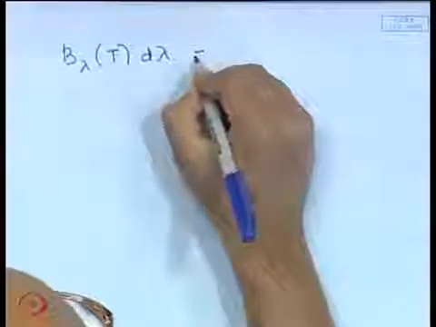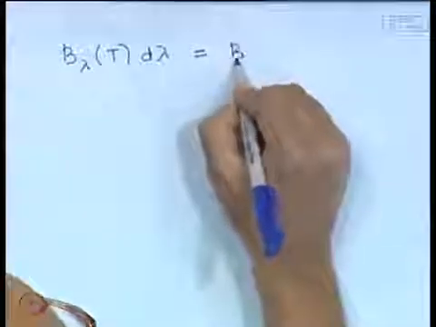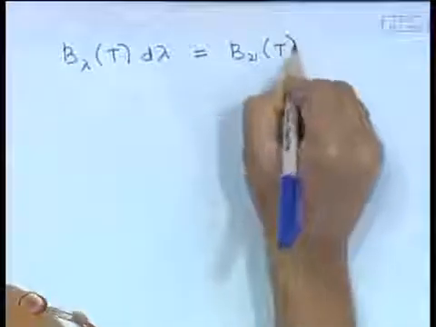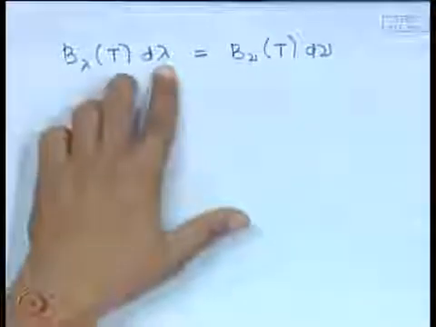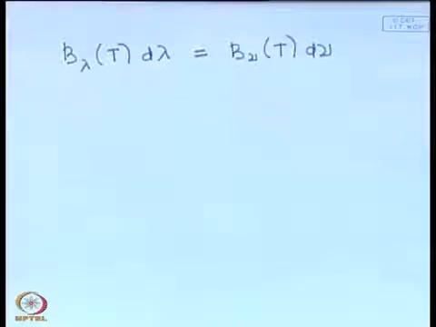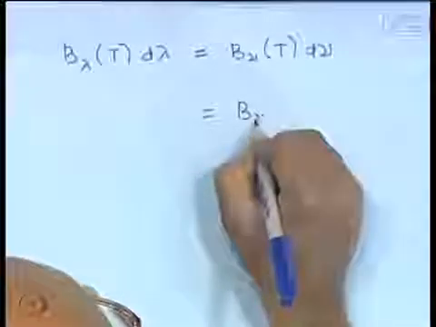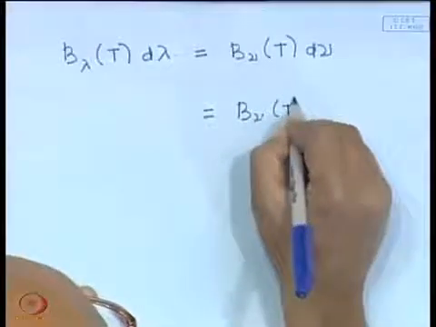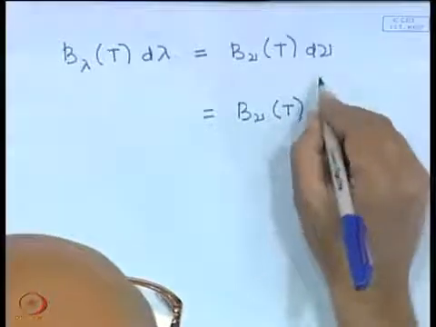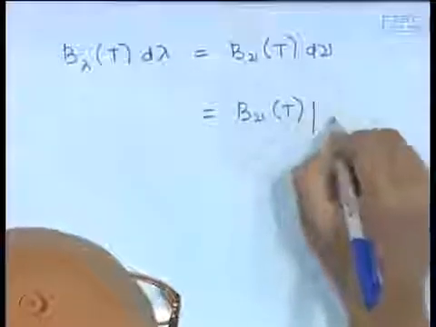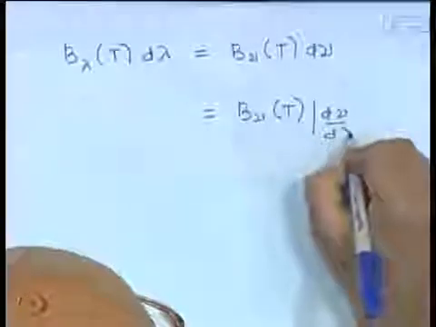It is not just the Planck function as a function of lambda. So, B lambda d lambda is equal to B nu d nu. The same energy is contained in the corresponding wavelength interval, and we know that we can write this with the mod of d nu by d lambda.